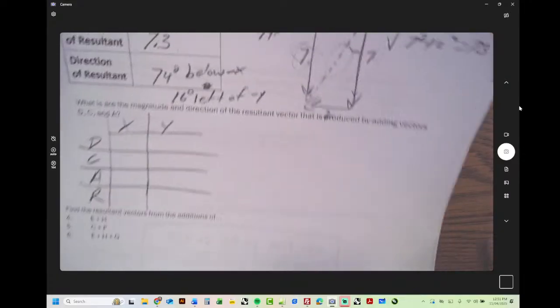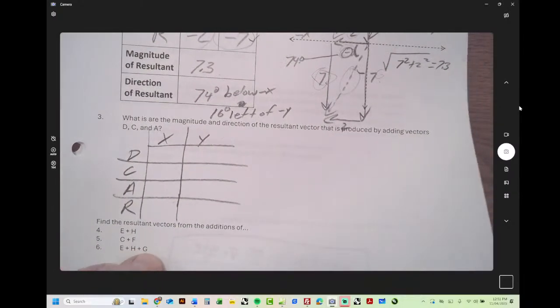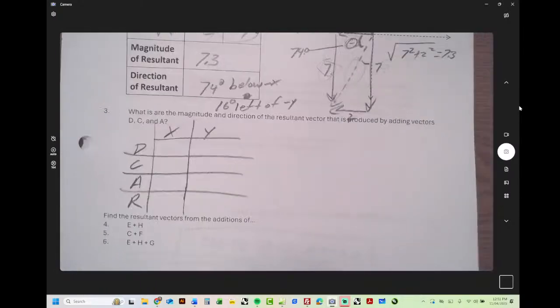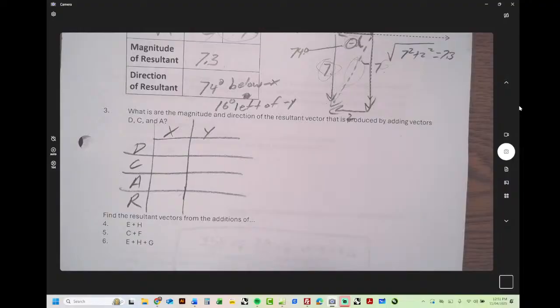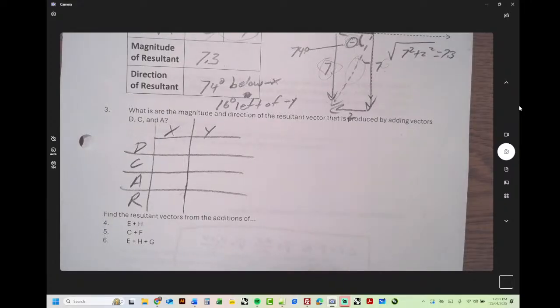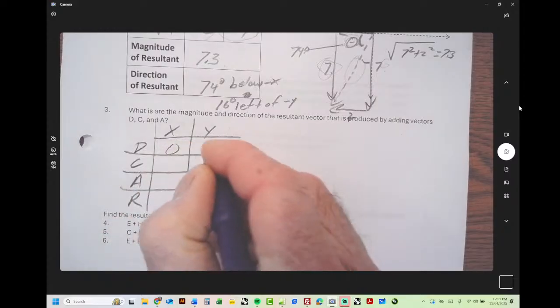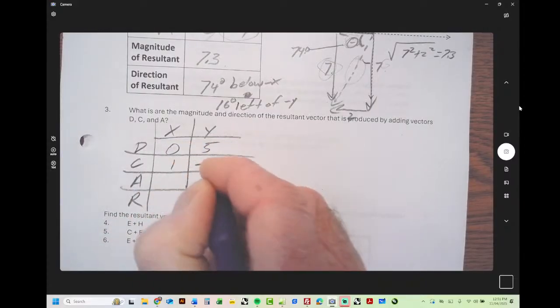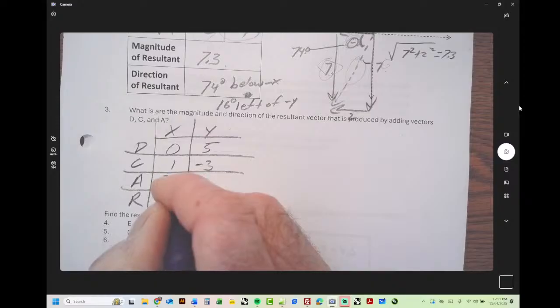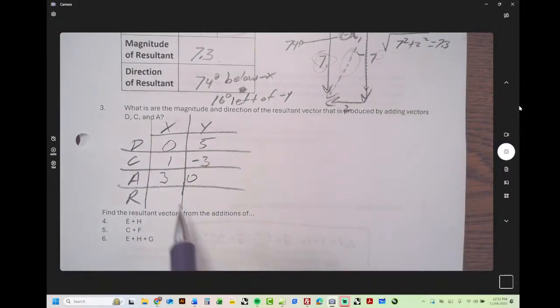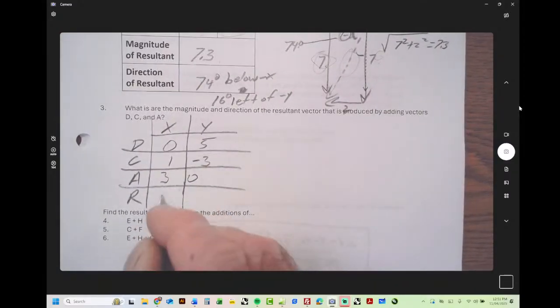I'm going to catch up a little bit so that anybody who's really stuck can follow along. So D is 0 and 5, C is 1 and -3, A is 3 and 0. So when you add up the X components, you get 4.